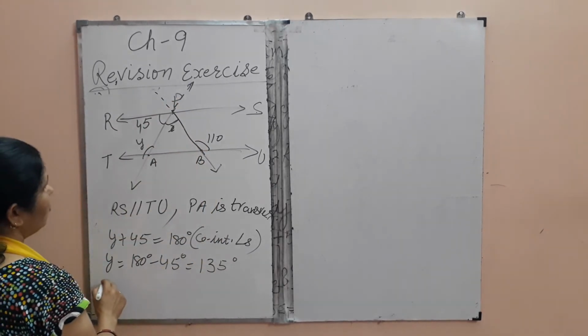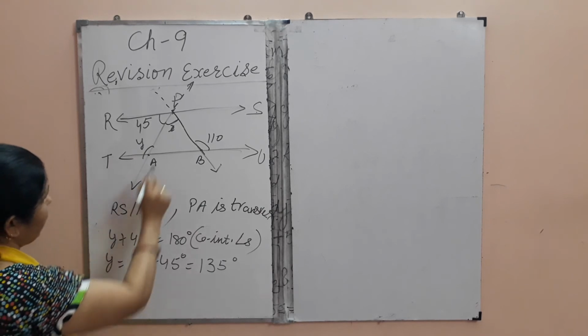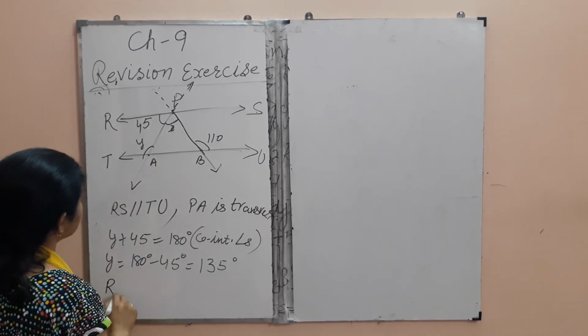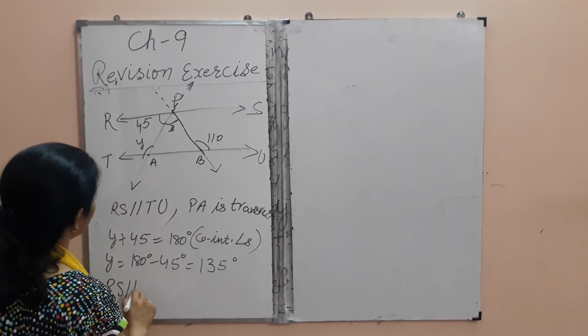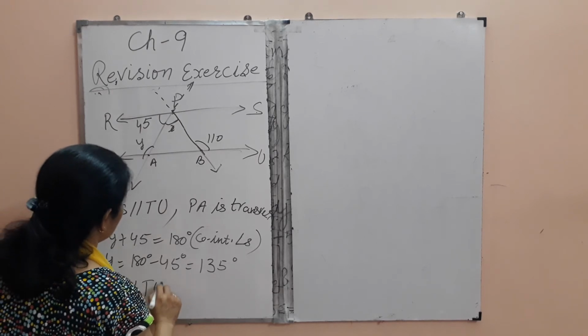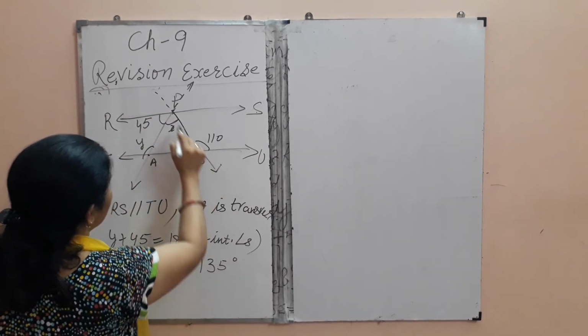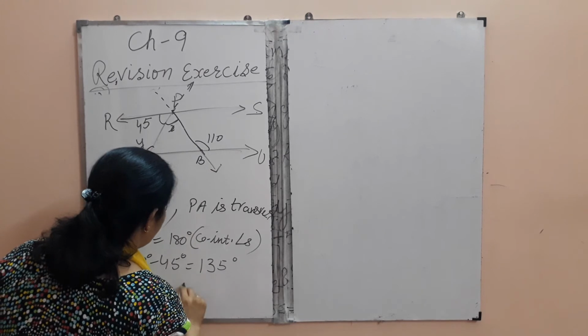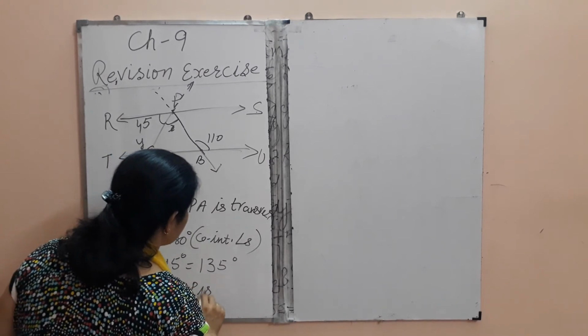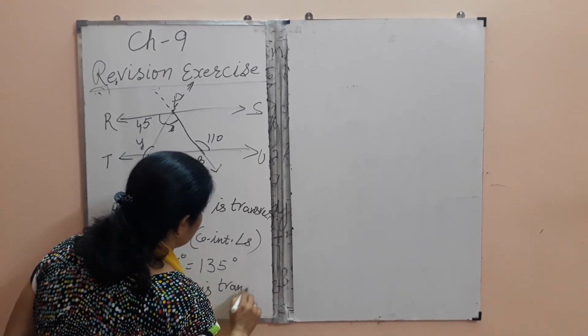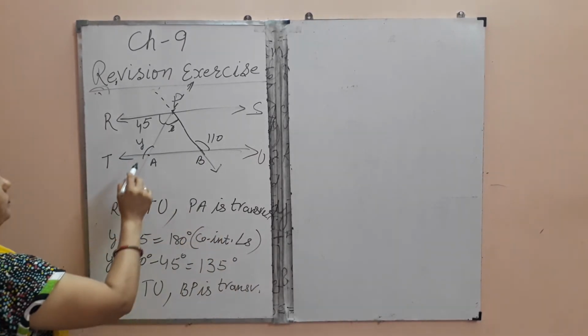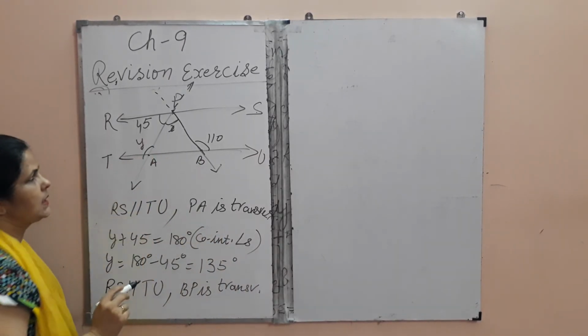Now 45. Now we will take RS parallel to TU and this BP. BP is transversal. So 45 plus this.